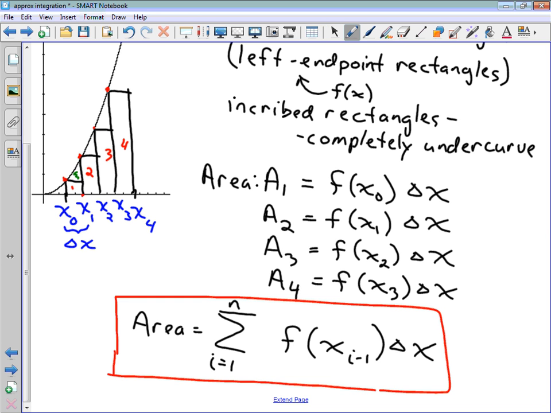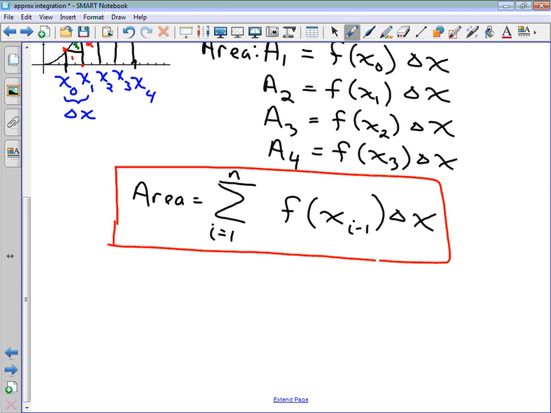For instance, this little region in here, and in here, and in here is area that is underneath the curve but not part of our rectangles. So this method is likely an underestimate of the true area in this case.